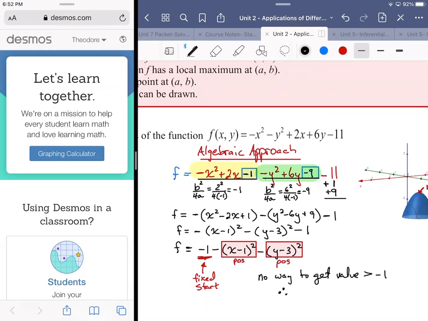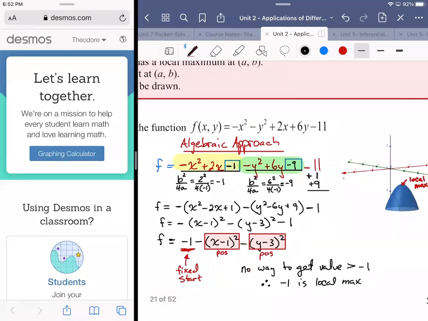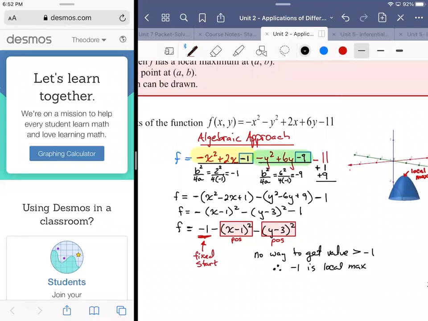Therefore, -1 is the local max. As it turns out, based on the nature of the function, because there really is no way to get a value bigger than -1, in this case, it's actually an absolute maximum.